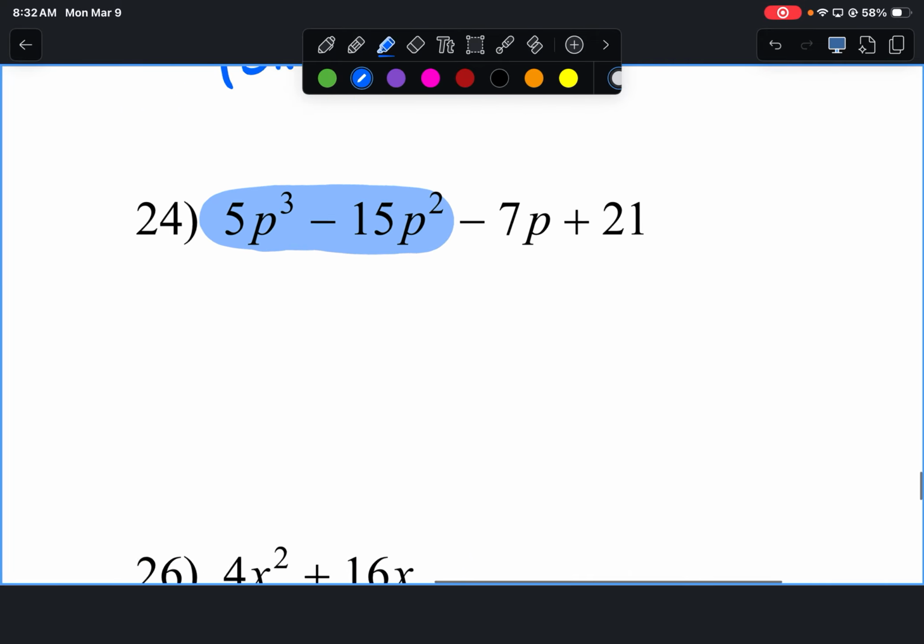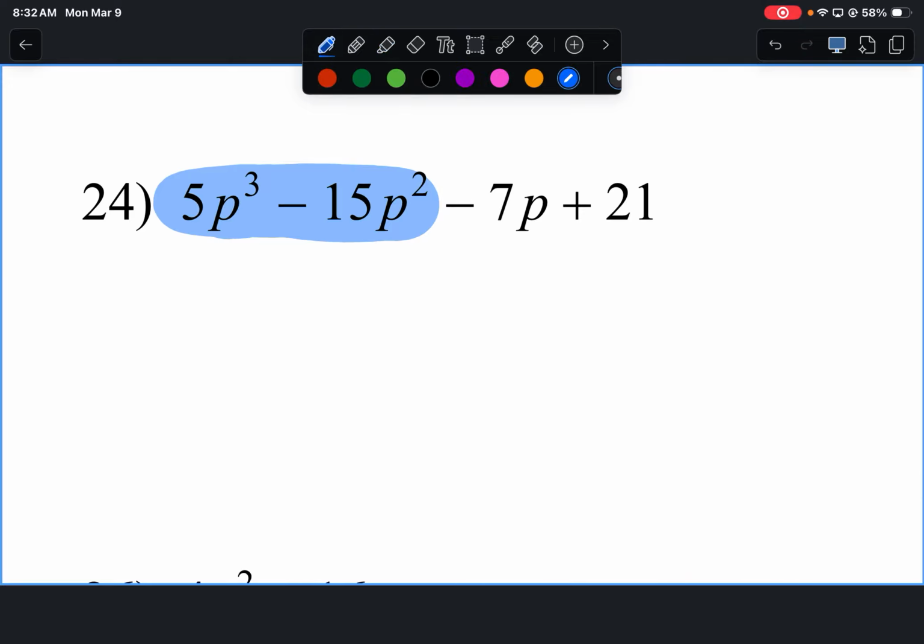What is the greatest common factor between 5p cubed minus 15p squared? 5p squared, which leaves us with what? Then what is negative 15p squared divided by 5p squared? So we get p minus 3. We could also put a 1 right there in front if you need to. It is up to you on that.